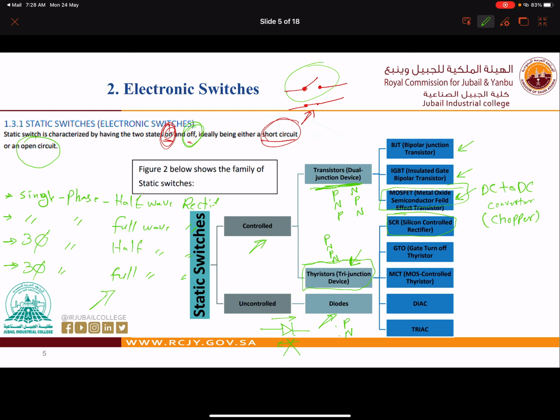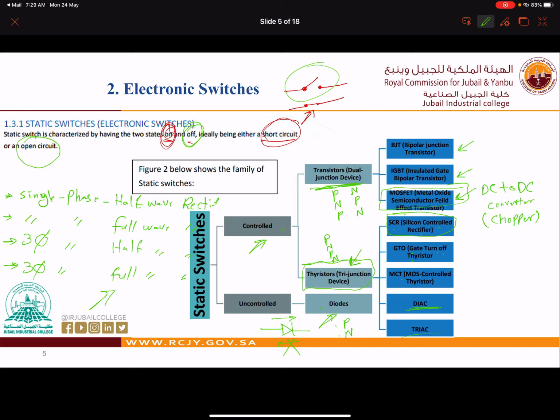SCR is very important for us. Inshallah, we will use it instead of the diode in controlling our circuit. So this is SCR. SCR stands for silicon controlled rectifier. We will go also through the GTO, gate turn off thyristor. We will go through the MCT, which is MOS controlled thyristor. We will go through the diac and triac.